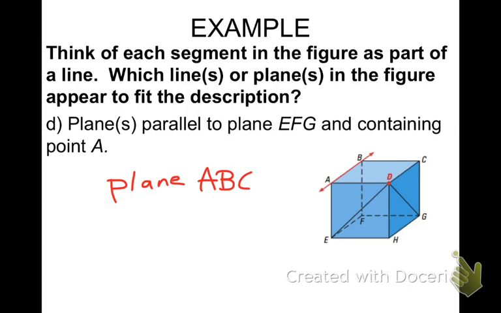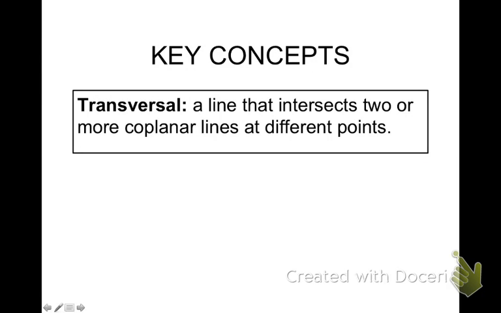So now we know how to identify parallel lines, skew lines, perpendicular lines, parallel planes. So now what we're going to be looking at is what happens when we have 2 lines and we put a line that cuts through them. Well, that line has a special name, and it's called a transversal.